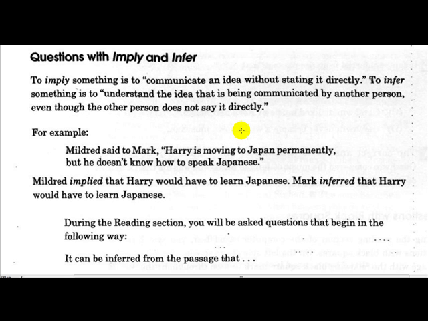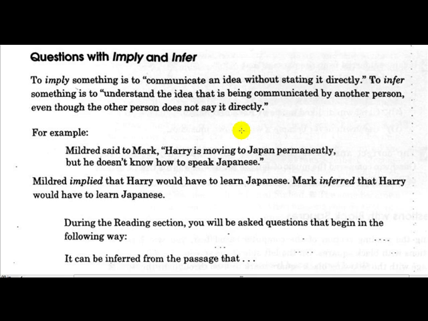Then you have questions with imply and infer. Now, know the difference between imply and infer. To imply something is to communicate an idea without stating it directly. To infer something is to understand the idea that's being communicated by another person, even though the other person does not say it directly.